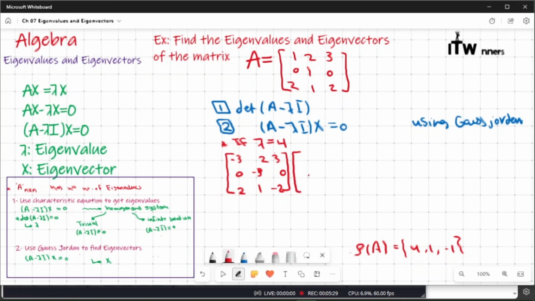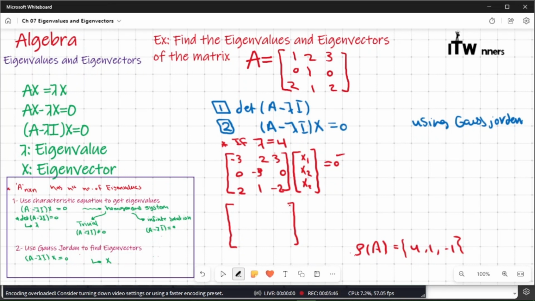Into x1, x2, x3, the elements of vector x, equal to 0. Let's augment the three terms 0, 0, 0 with our matrix. We have negative 3, 2, 3, 0, negative 3, 0, and here 2, 1, negative 2.